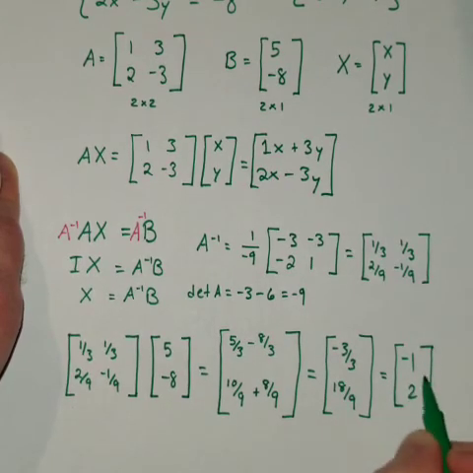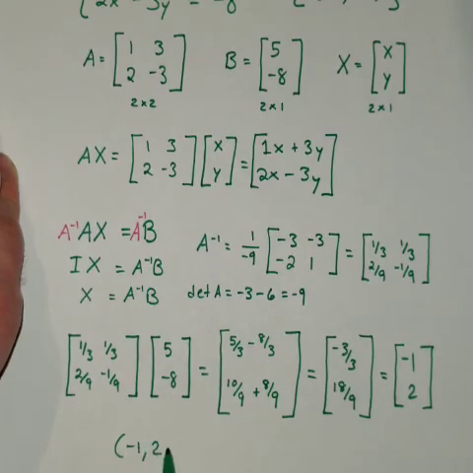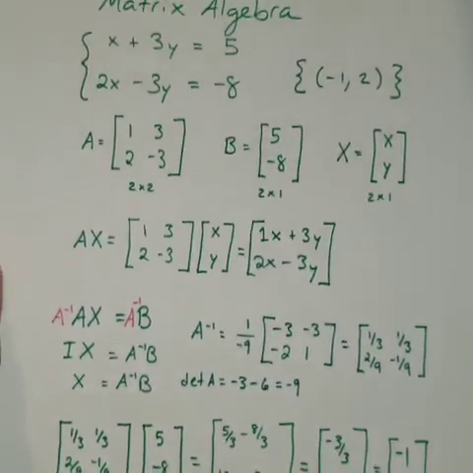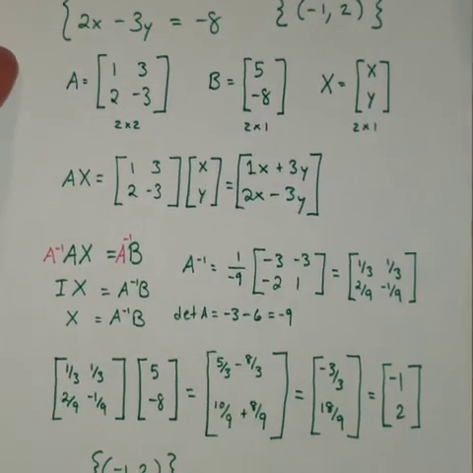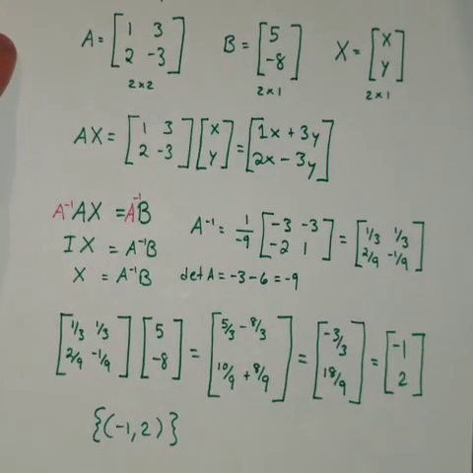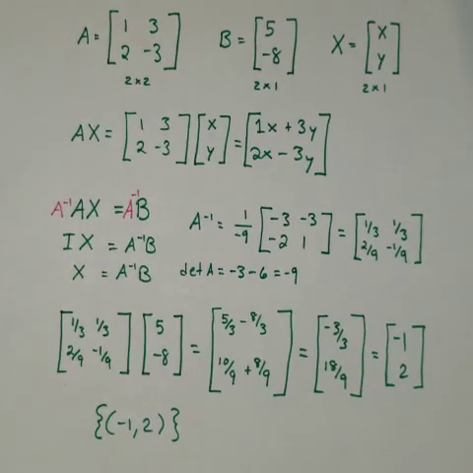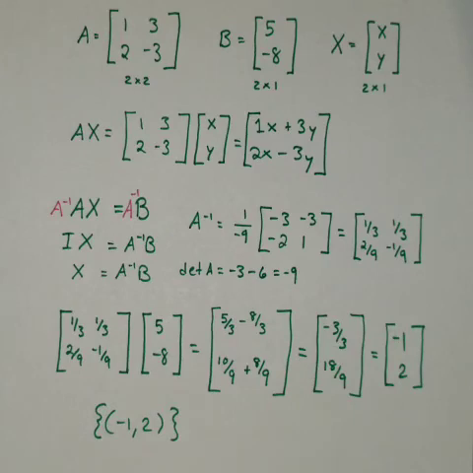And so here my answer is the ordered pair -1, 2, just like we had before. It's a little bit more of a process than Cramer's rule or using our reduced row echelon form or any of those. But it is kind of a neat idea, utilizes the inverse matrix, and again gets us to the same result.